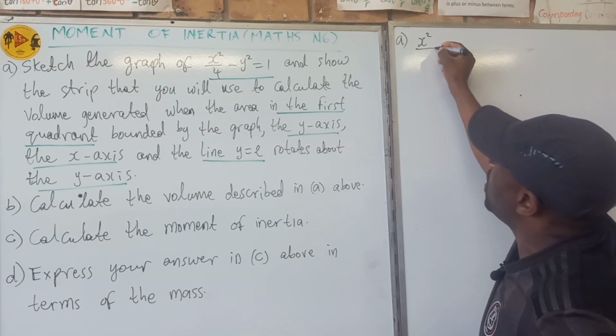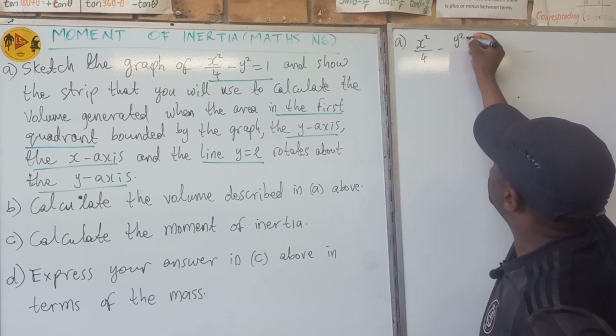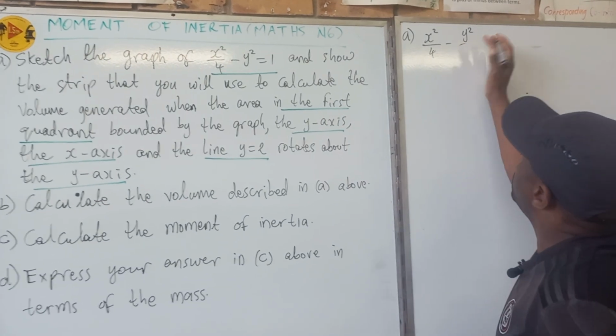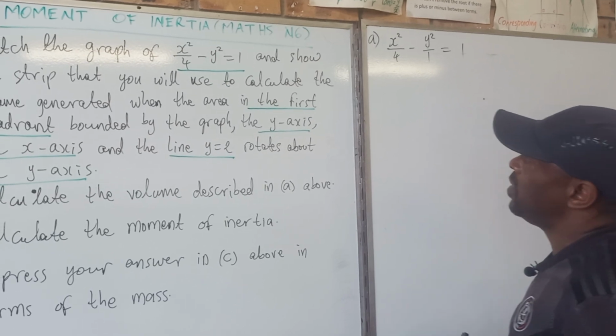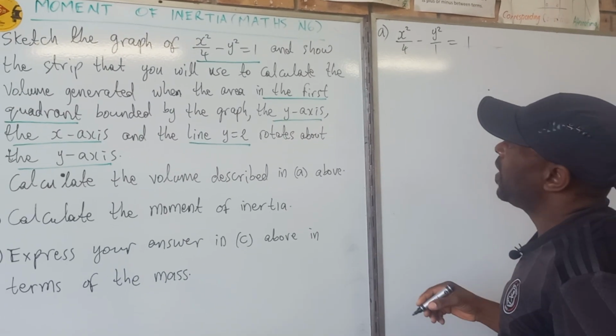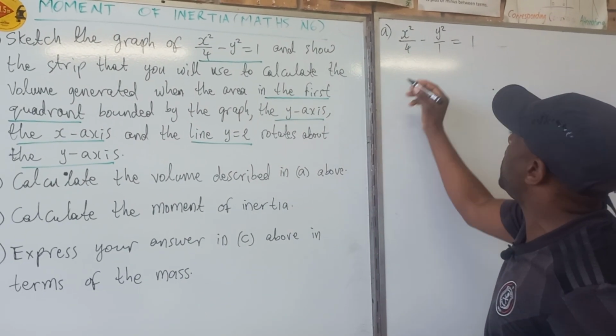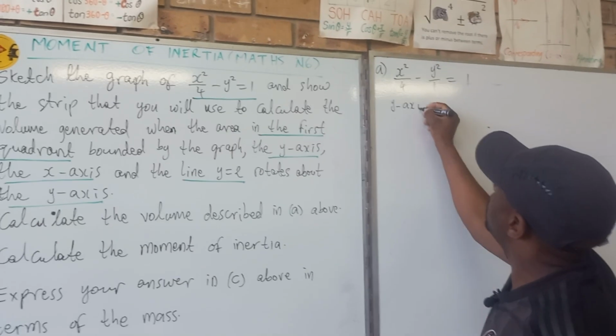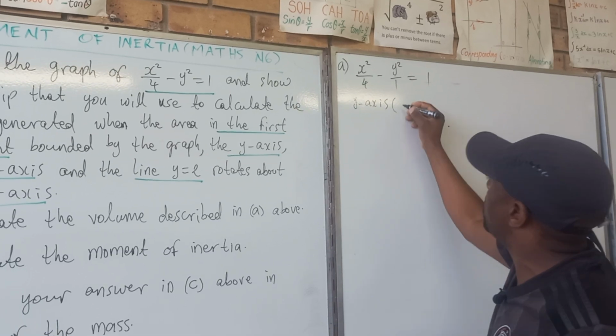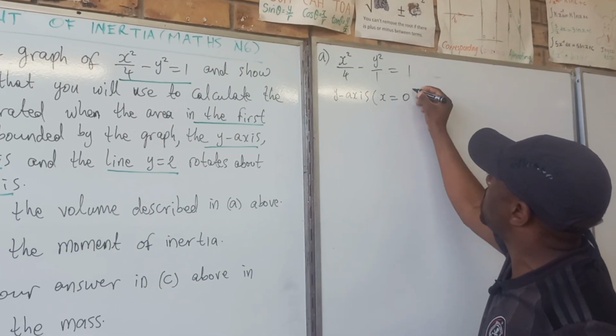We've got x squared over 4 minus y squared over, or anyway, it's just y squared. If you choose to say over 1 is fine. It's equal to 1. That's the first information. Then they've spoken about the y-axis. We must know that the y-axis is a graph whose equation is x equal to 0.